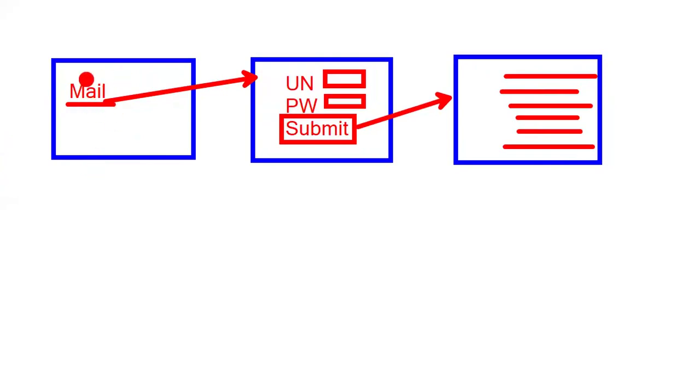Now you observe. This program, is it common to all users or specific to a user? Common to all users. This one, common to all users. This one, specific to a user. Mails will be different. Okay. Is it static or dynamic?